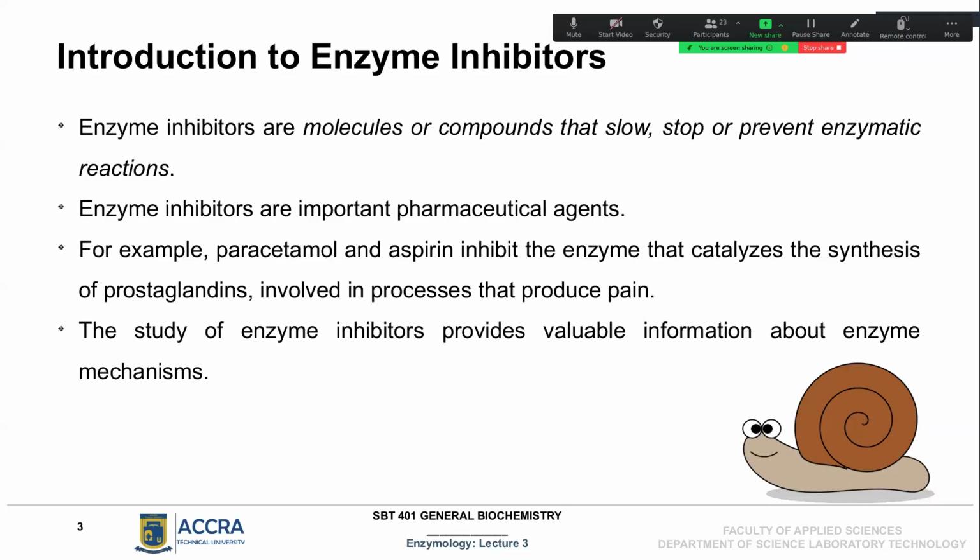So if paracetamol and aspirin inhibit the enzymes that catalyze the synthesis of these prostaglandins, then of course you'll be relieved of pain. So that is an example of the use of inhibitors as a pharmaceutical agent.